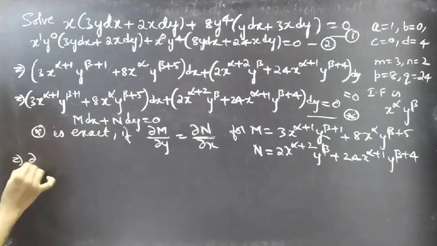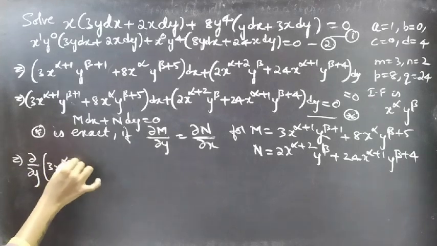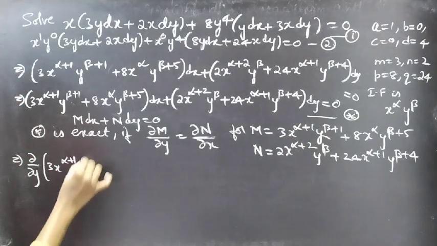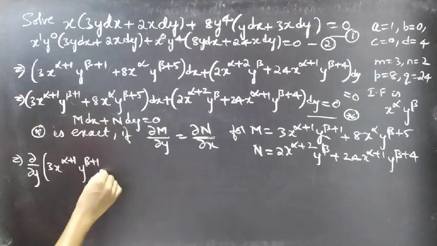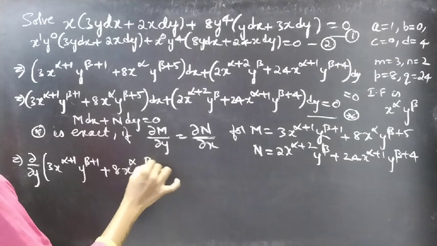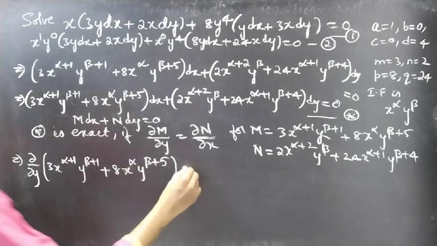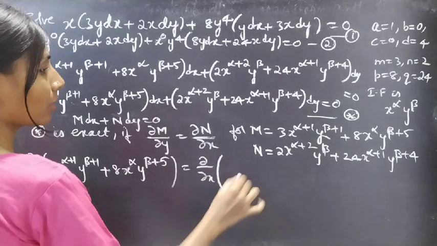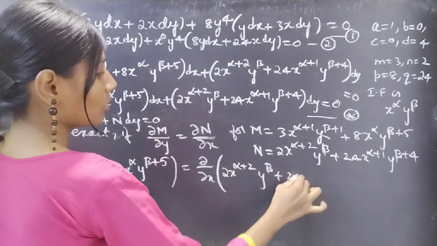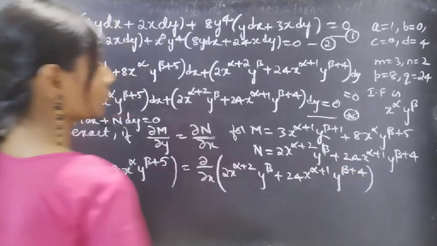Then the partial derivative of M, 3x^(α+1) y^(β+1) plus 8x^α y^(β+5), with respect to y equals ∂/∂x of N, 2x^(α+2) y^β plus 24x^(α+1) y^(β+4), right?